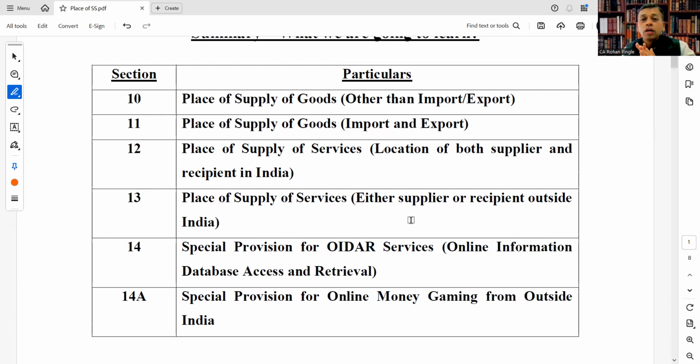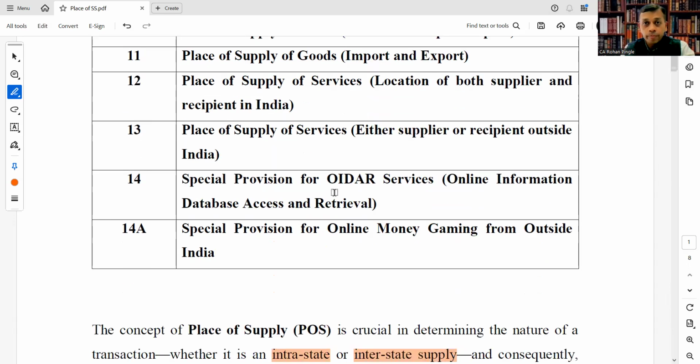Then section 14 and 14A relate to special services. Section 14 is the special provision for online information database access and retrieval. Section 14A talks about online money gaming from outside India.